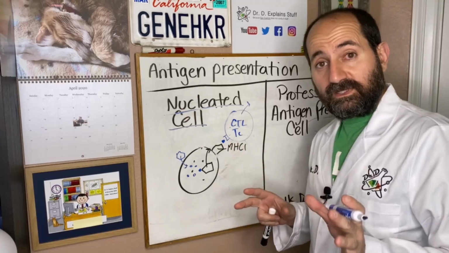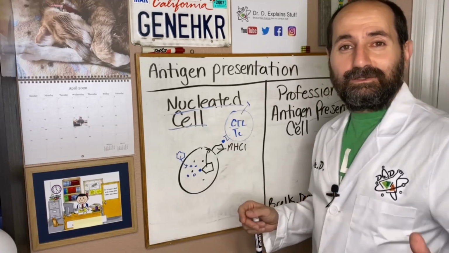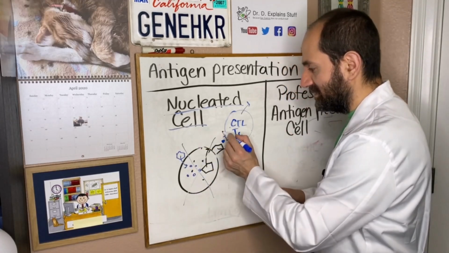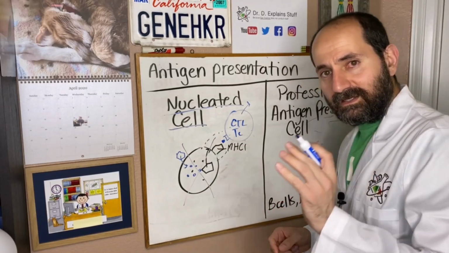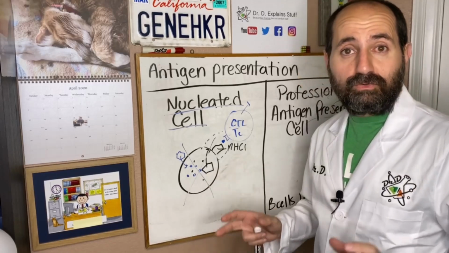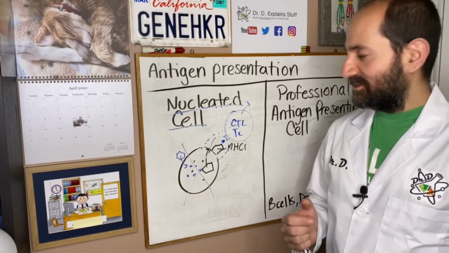If a non-self antigen, like some viral antigen, is presented, it will recognize that as non-self and it will destroy that cell. It will release granzymes and other molecules that promote apoptosis, programmed cell death, in this nucleated cell. So that's the beauty of it.